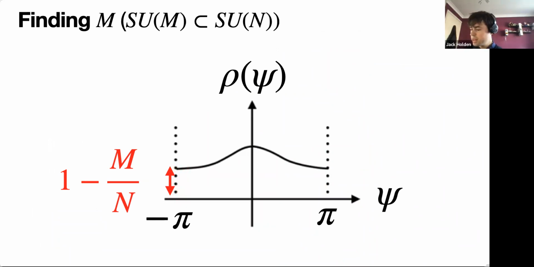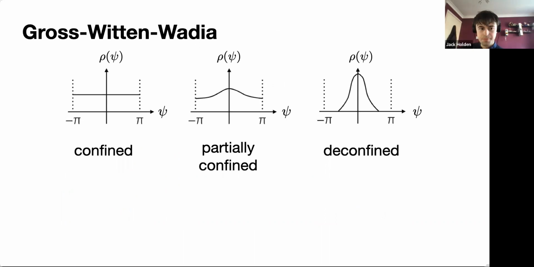In the fully confined phase, the number of deconfined colors m is 0, and so the density is 1 here, and it will be uniform. Whereas in the fully deconfined phase, where m goes to n, the density at this point goes to 0. So this is a precise way to define the phases at large n.